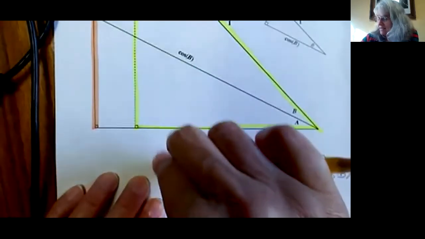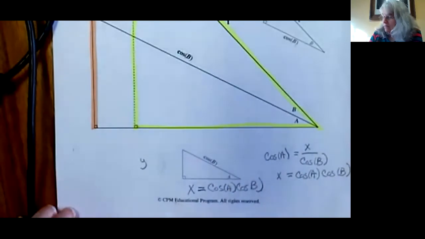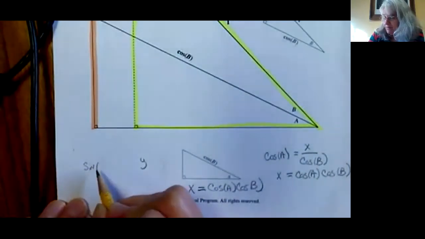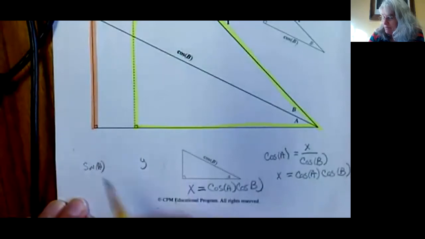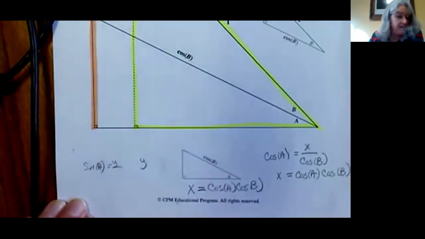Okay, hey, we can do the same thing for y. We could say the sine of a is going to equal y over the cosine of b.